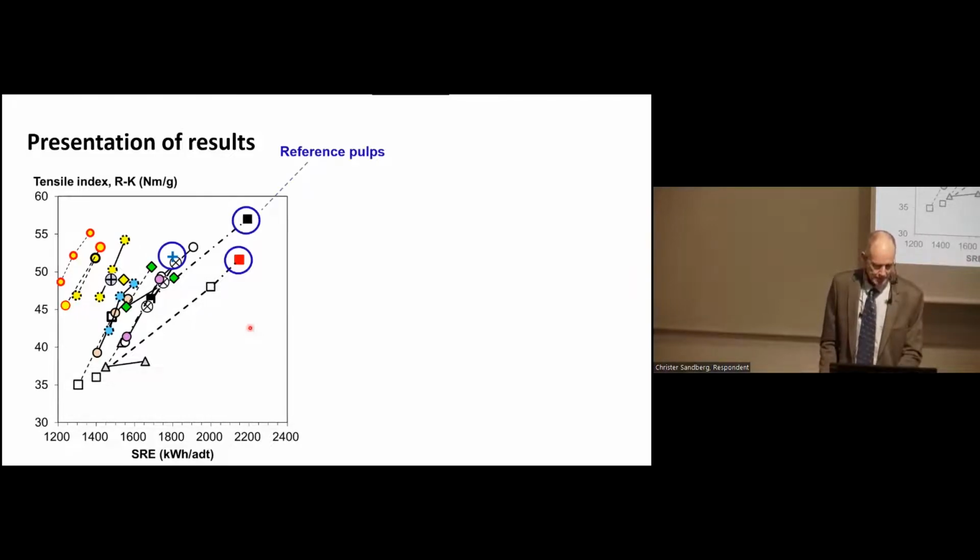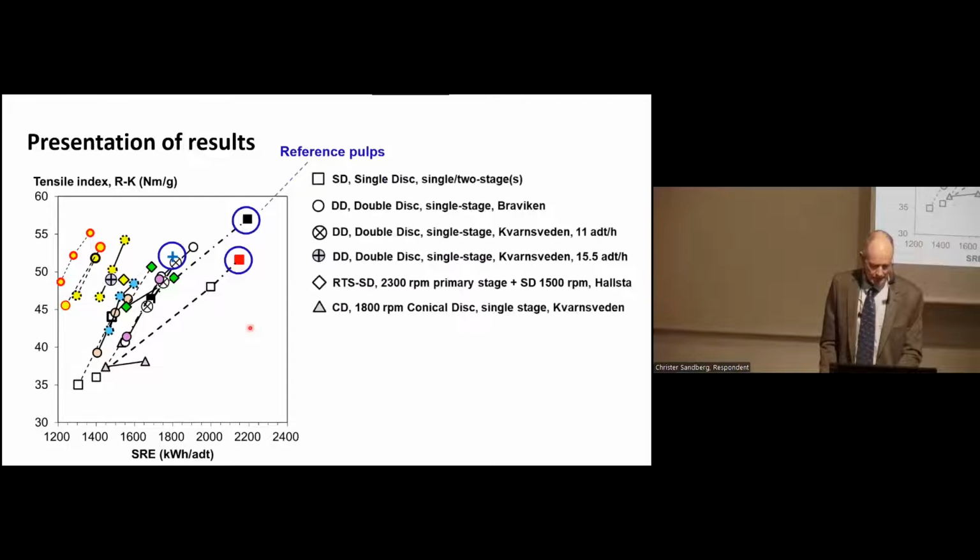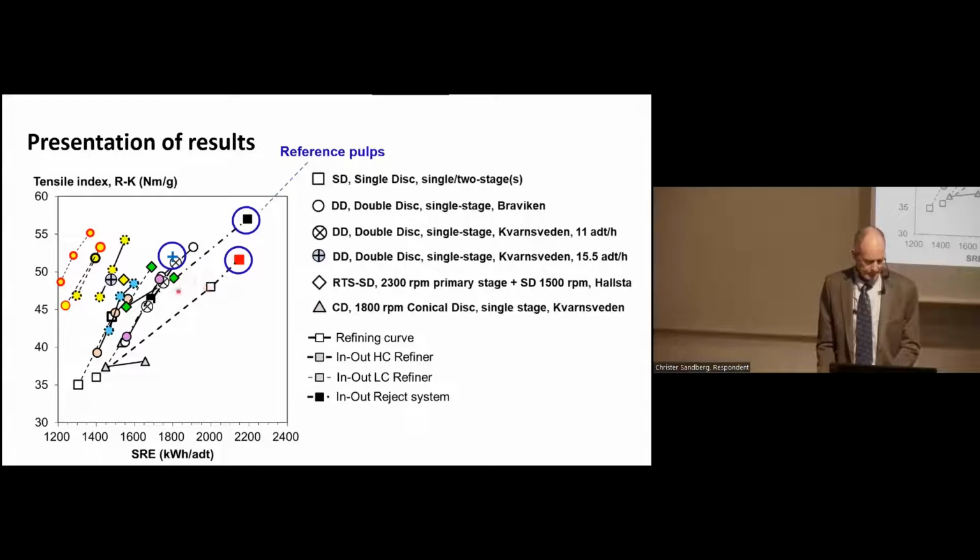Again, the reference pulps to keep an eye on, and some symbols also with single disc, double disc refiners, round, RTS, and CD refiners. And then the different lines here also have different meanings with refining curves, high consistency refining, LC refining, and reject systems.